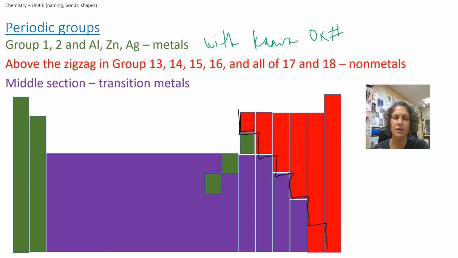So my reds are the nonmetals, and then the purple section are the transition metals.